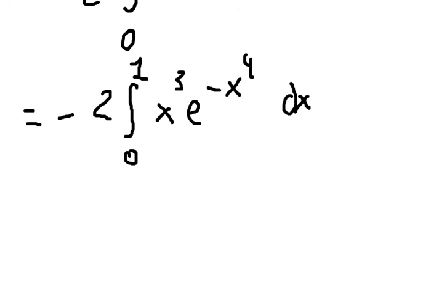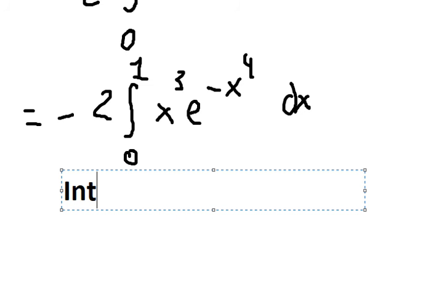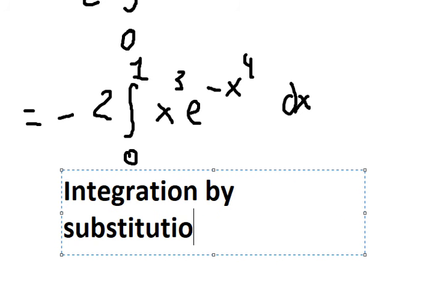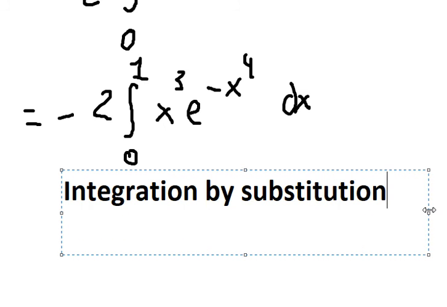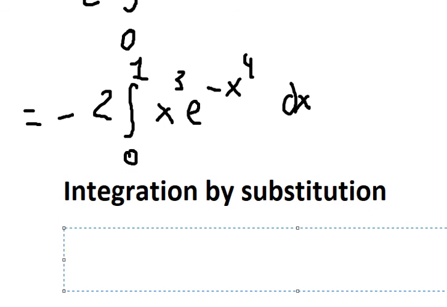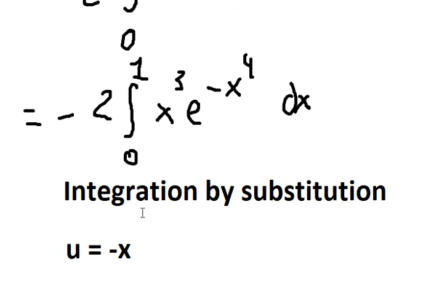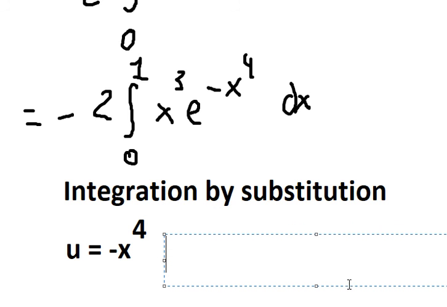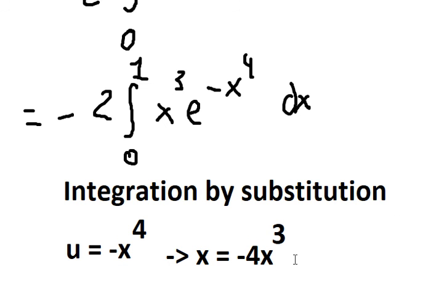So we need to use integration by substitution. So I will put u equal to negative s to the power of 4. Later that, we need to do first derivative for both sides, and we have negative 4s to the power of 3 ds.